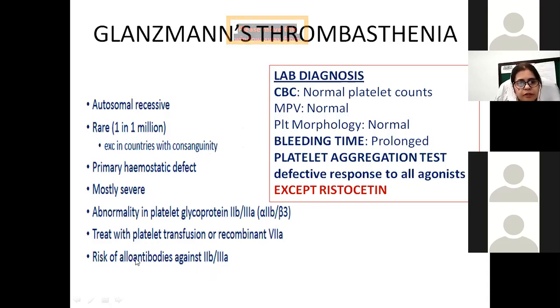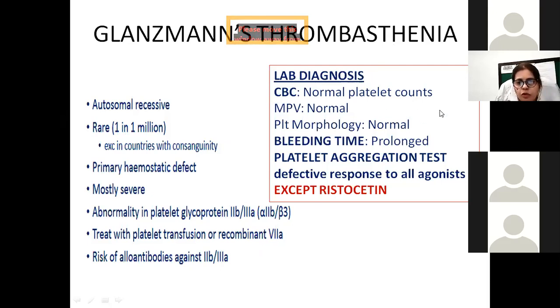So the patient recognizes this receptor as a foreign body and produces antibody against it. So most of the time it is recommended to use recombinant factor 7, which bypasses the adhesion and goes directly into clot formation. So in Glanzmann's thrombasthenia, how will we diagnose?